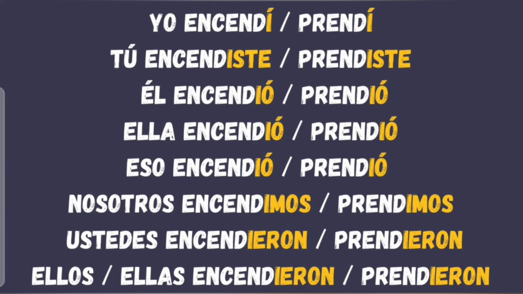Okay, and then the ending, you have to change it according to the rule of regular verbs ending with er. Okay, the endings will be according to your personal pronoun: í if you're having the personal pronoun yo, iste when you have the personal pronoun tú, ió for the personal pronouns he, she, it, él, ella, eso, imos when you have the personal pronoun nosotros, and ieron, the ending ieron, when you're having the personal pronouns ustedes or ellos or ellas.